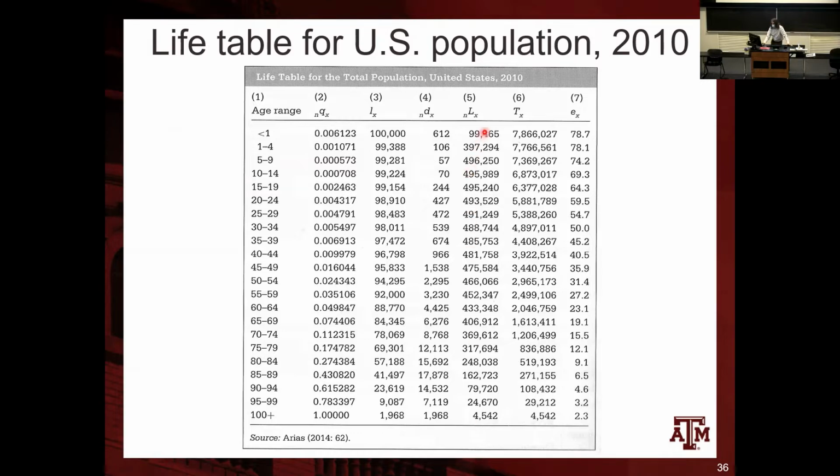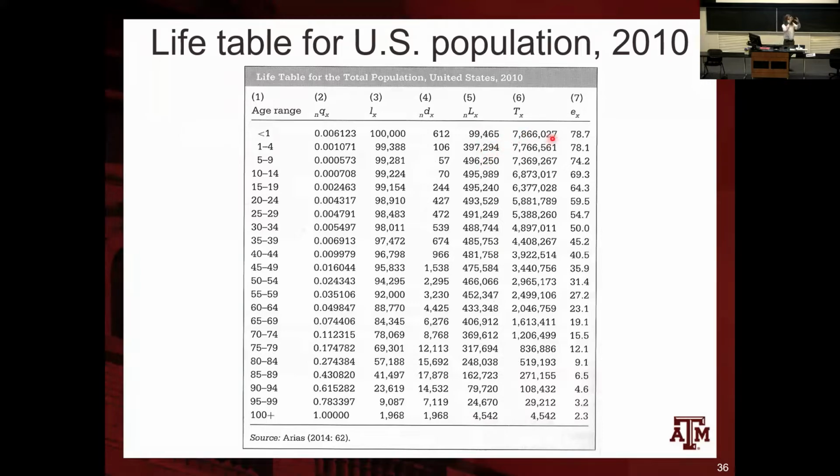And just remember, what's the total of this column? Can you add it right now in your head and just give me the number? It's hard, right? So just reading the slide, 7,866,027. That's what I said at the beginning of the class, right? This number here, it's adding everybody. So what we pretty much get is this number divided by this number, divided by this number, divided by this.